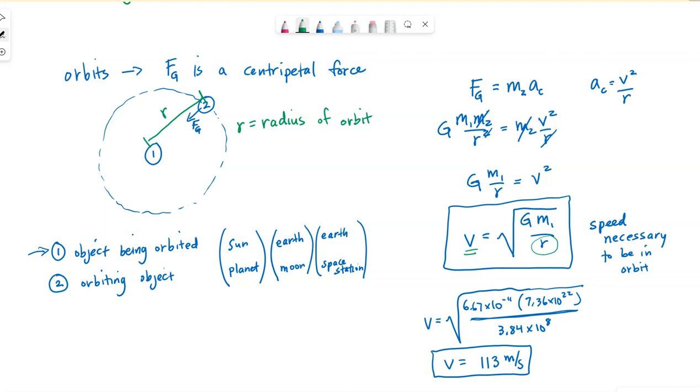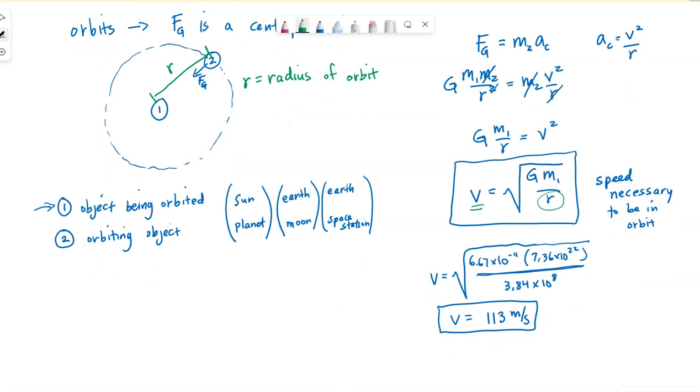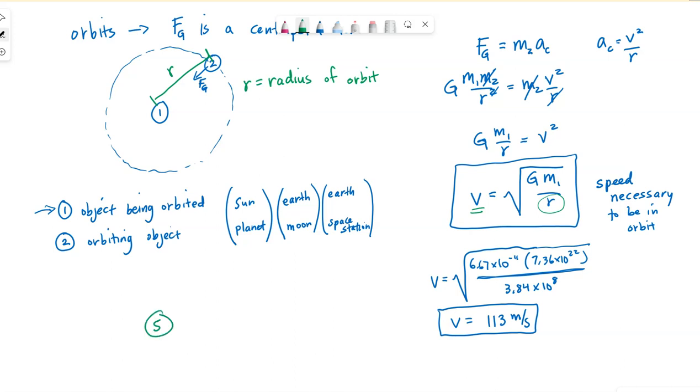Now, realistically, for example, the Earth orbiting the sun. Earth's orbit is not perfectly circular. It's elliptical, and this is not a very good drawing. It's fairly close to circular, but it's not perfectly circular, meaning there's some points in time the Earth is closer to the sun and some points in time that it is farther from the sun.